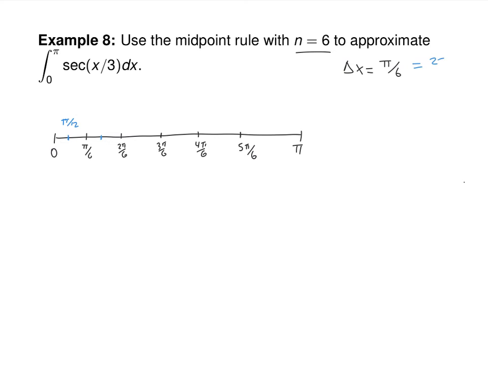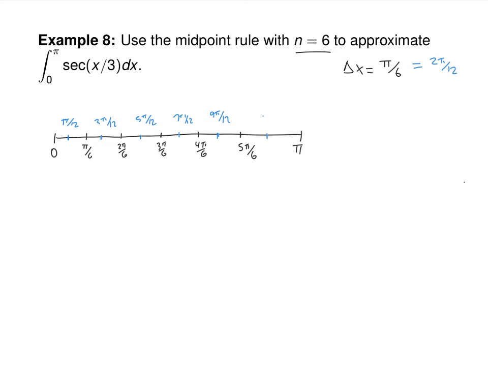Pi over 6 is 2 pi over 12, right? So that will be 3 pi over 12. What's going to come next? 7 pi over 12. 9 pi over 12. I know it reduces, but it's easier to see the pattern without reducing.